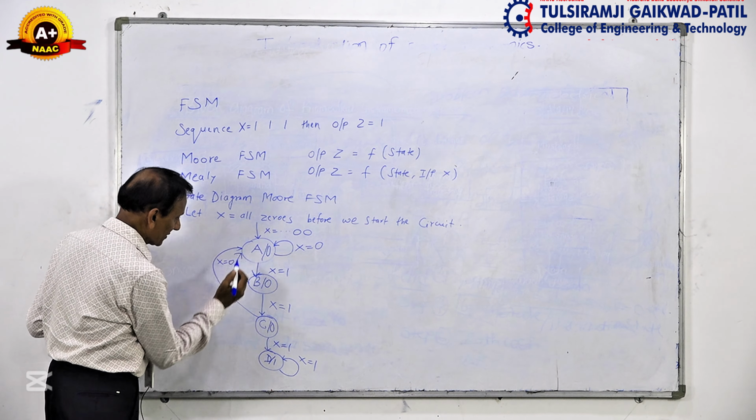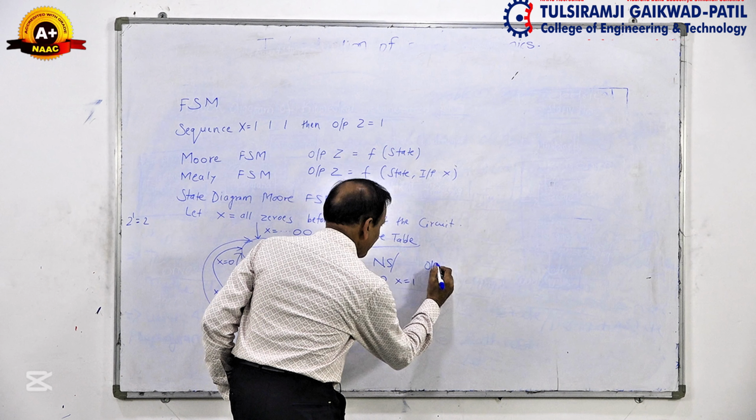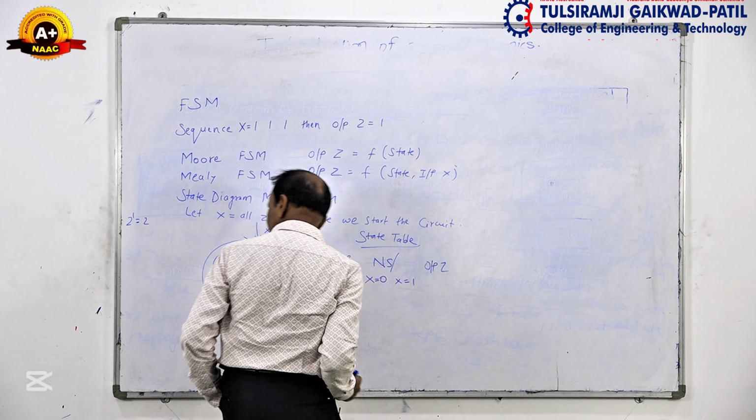So we will have here two columns in the next state, one for X equal to 0, another for X equal to 1. Now here it is next state, and then we will write here output Z.